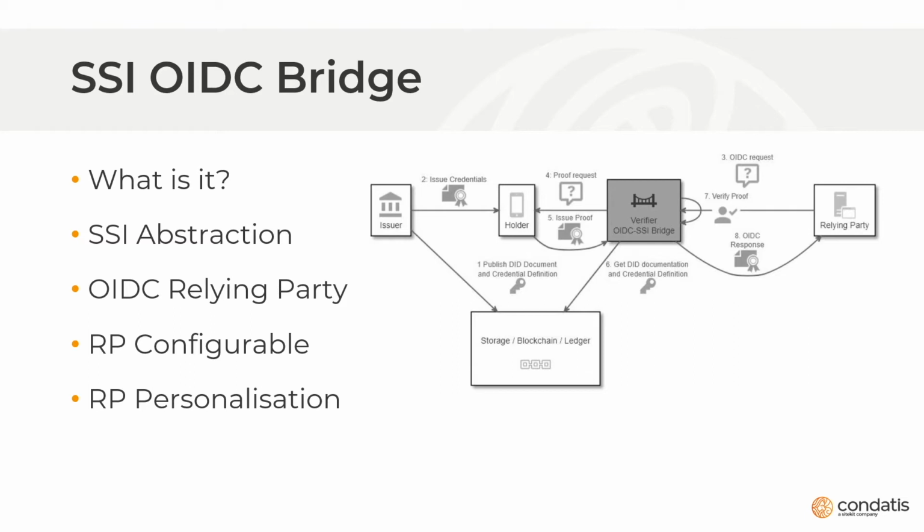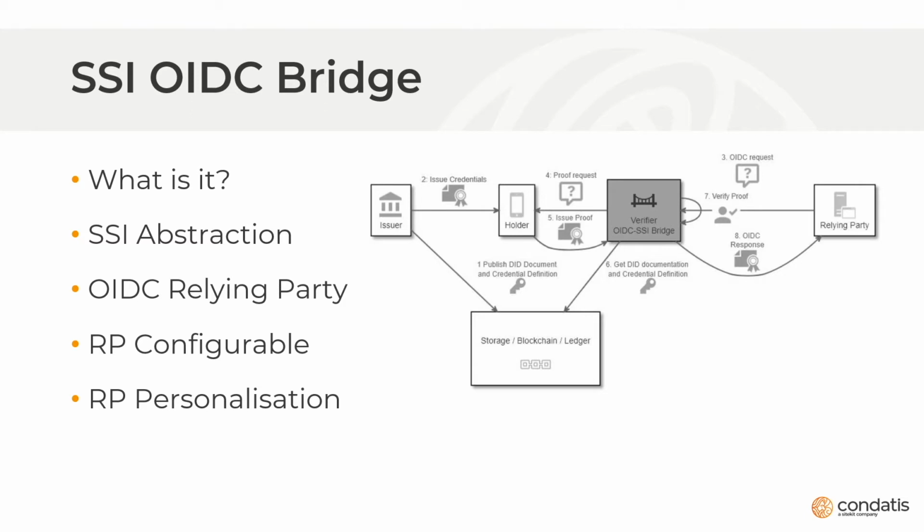The OIDC Bridge is configurable to support many different use cases that the relying parties need. It can also be personalised by the RP to support their own branding. The OIDC Bridge has an authorise endpoint that a relying party can use to integrate directly with the OIDC server.